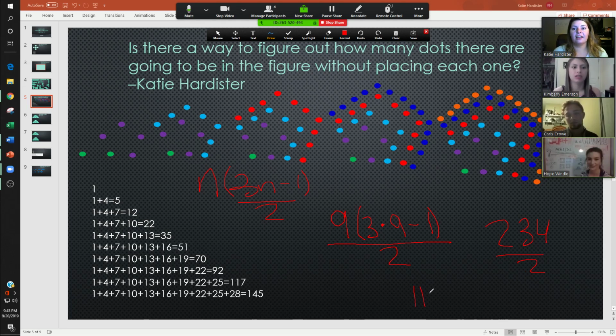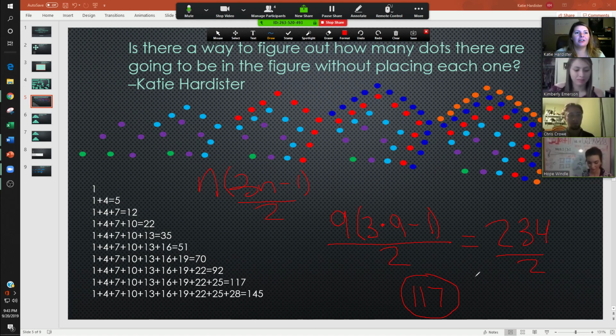Like divide. So 234 divided by 2 equals 117 dots. That would have taken us a really long time to place each of those dots, wouldn't it? Fortunately, it's very important to use the correct formula. Absolutely.